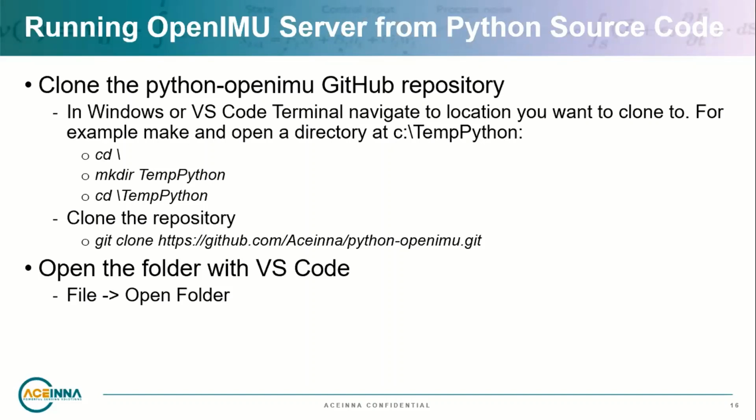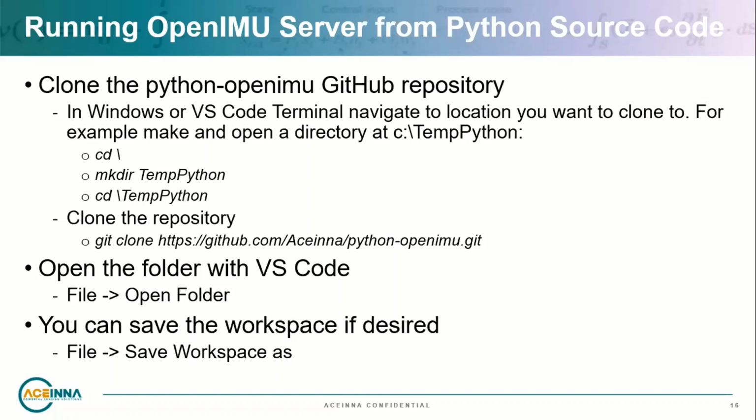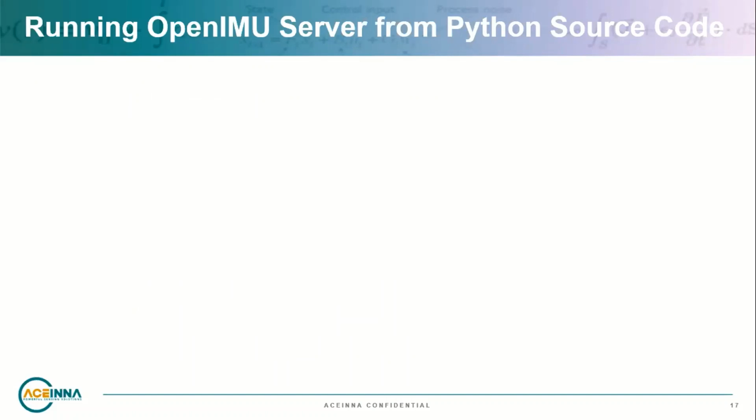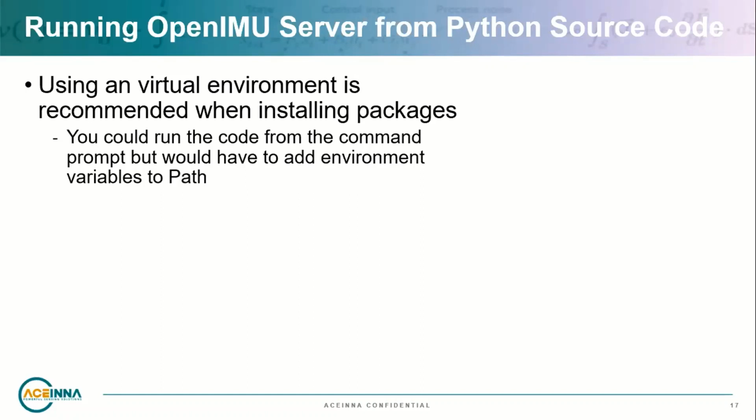Open the folder in Visual Studio Code, and you can save the workspace as desired. For installing different packages, you have to create a virtual environment and add the environment variables to your path.